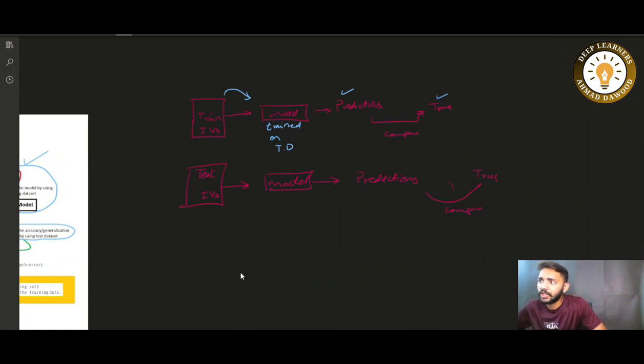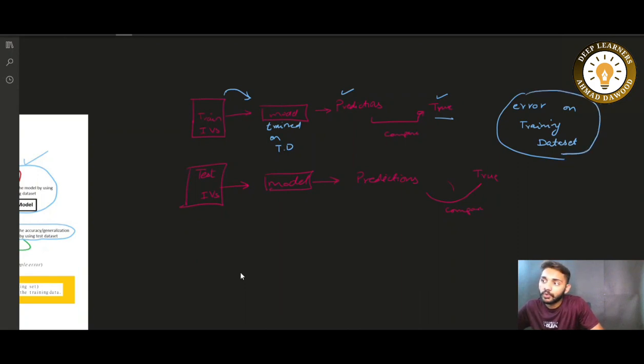How far your predictions are from the true values, this will be your error. So this is the error on training data points, or the training data set, the data set that you used during your training. You are using the same data points for the evaluation of the model, and the error you get is the error on the training data set.